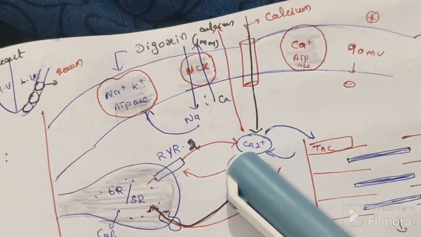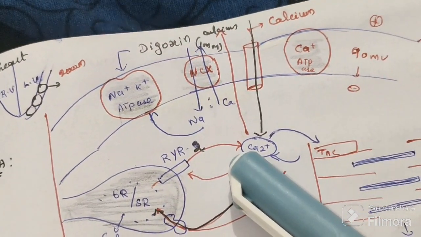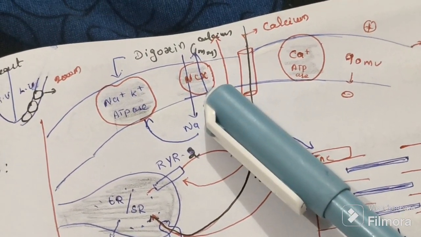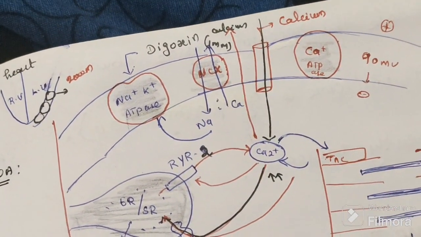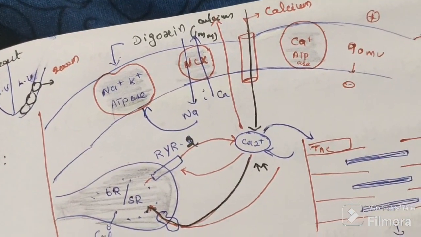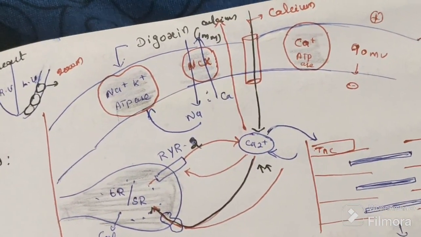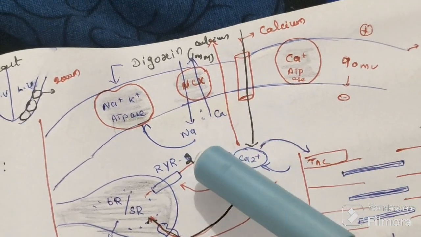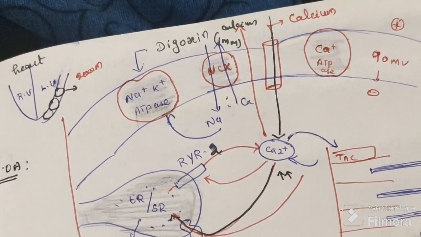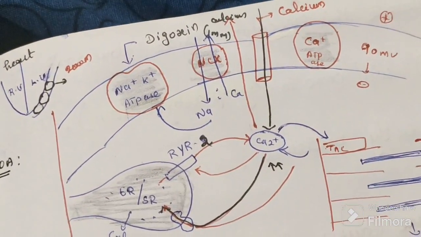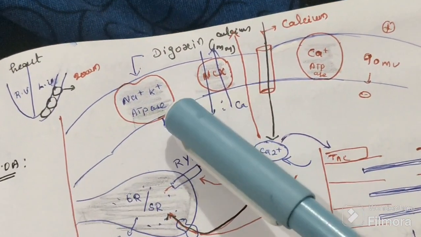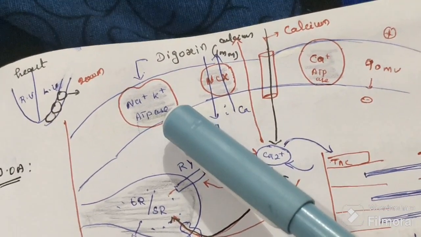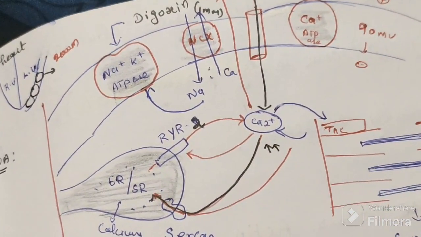Now only the 1% which is remaining goes out with the help of the sodium calcium exchanger, taking calcium out and sodium in. Sodium is going out via sodium potassium ATPase. Okay, so this one is the normal.